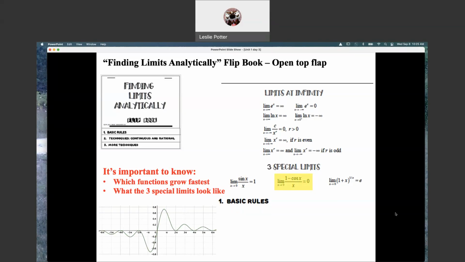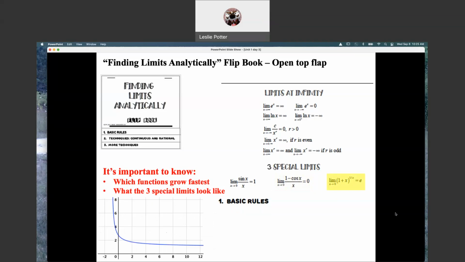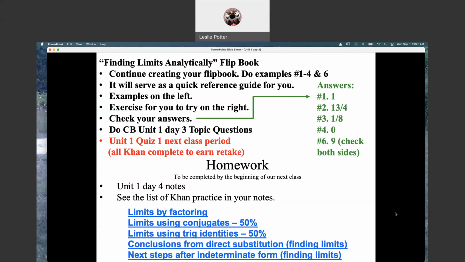Same with sine of x over x: as we approach 0, that's indeterminate, and we need a graph right now to evaluate the limit. And this one is interesting because its limit is e as we go to 0. As we cross over the y-axis, we're at about 2.7. That's the intercept, and it has to do with Euler's number, that about 2.7 number. So that's all I'm going to say about that.